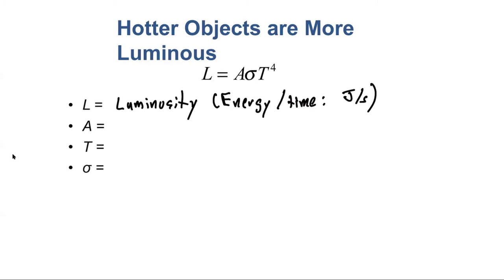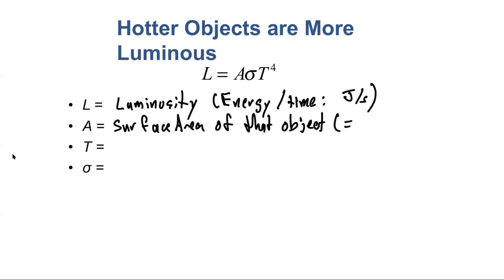A is the surface area of that object. And since we're in astronomy in this class anyway, we'll basically be talking about spherical objects.